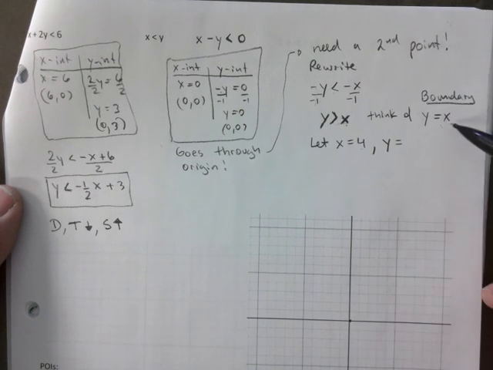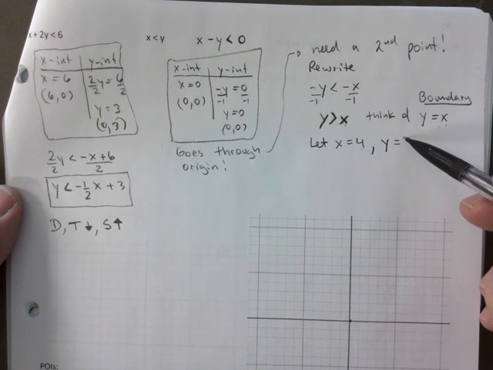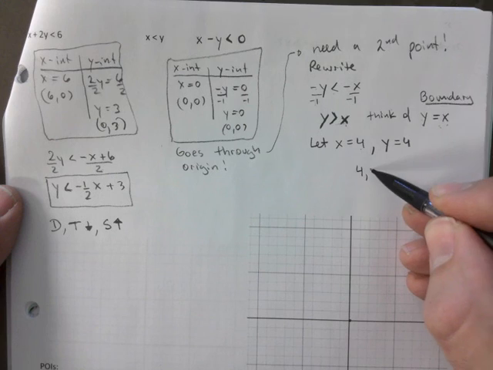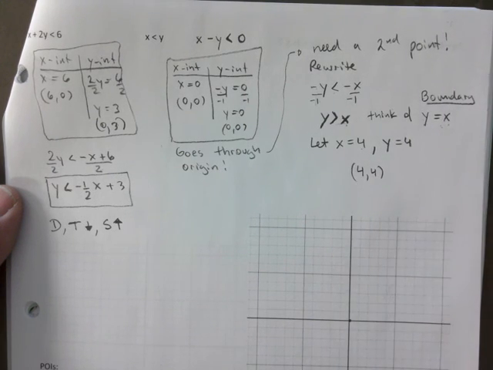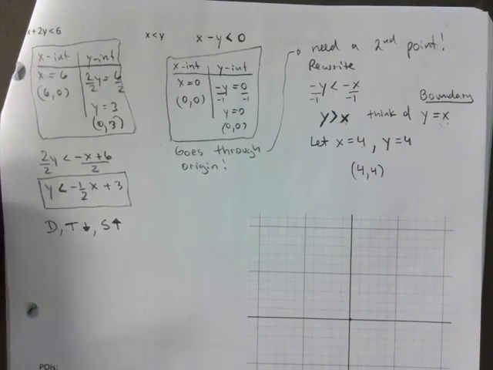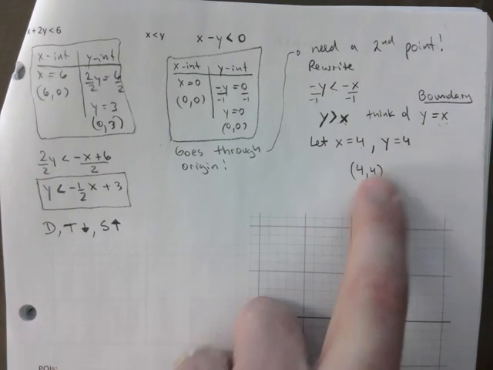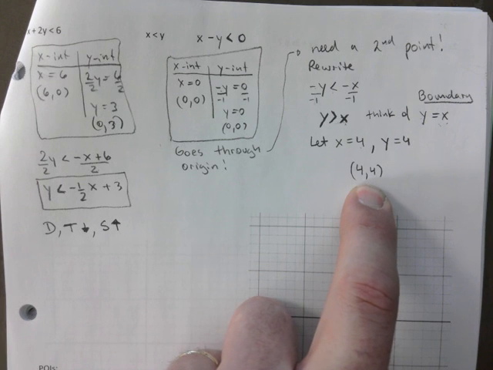So when x is equal to 4, what's y equal to? 4. And what did you just do? You found another point. Don't pick 10, right? Don't pick something high because then it's going to be harder to graph. 4, 4 is good. 5, 5, 2, 2, anything you want. Anything you would let x equal to, that's what y would have been as well.